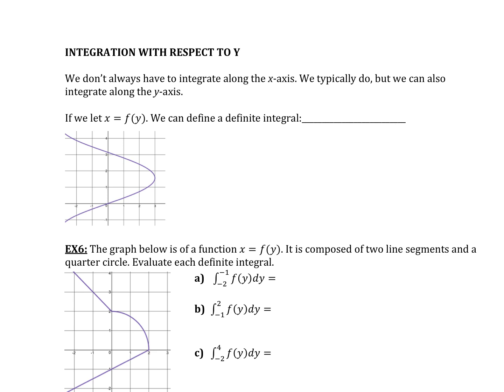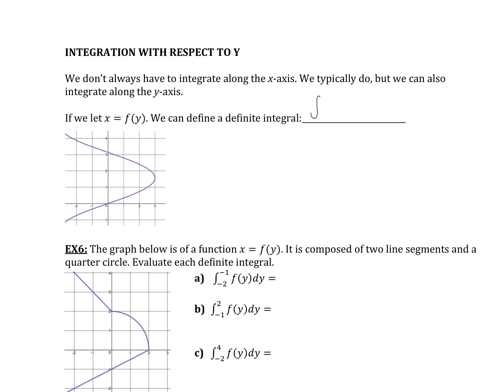Okay, like integration with respect to x, integration with respect to y is still a net signed area. And we can integrate with respect to y, which means our bounds are along the y-axis rather than along the x-axis. So if we define an integral this way, the integral would still look the same.